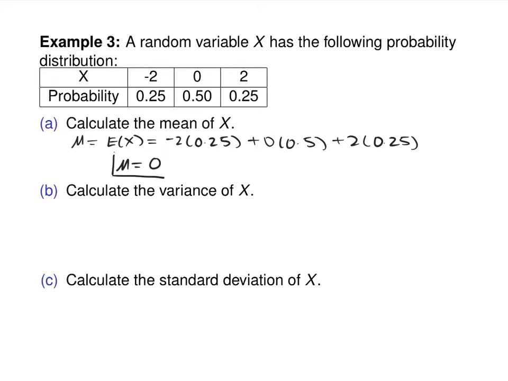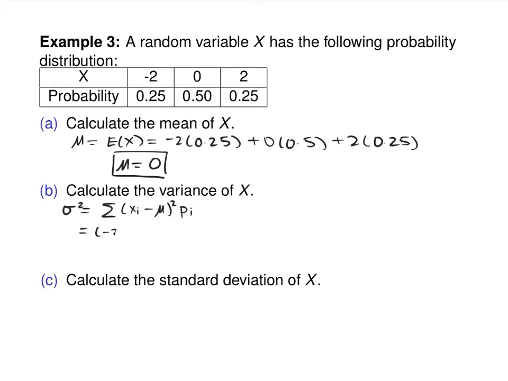Now the variance of x, that's the pre-square-rooting step. This is the sum of x sub i minus the mean, squared, times probabilities. So the first x sub i is -2.